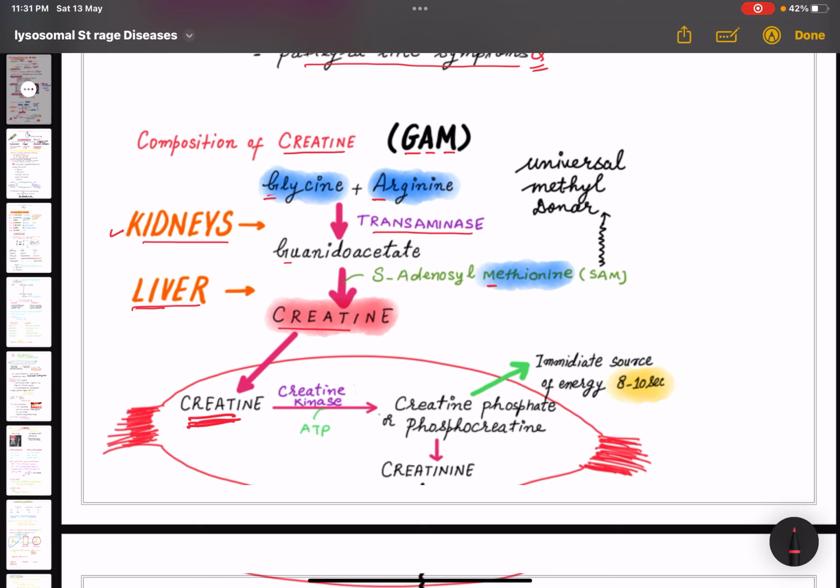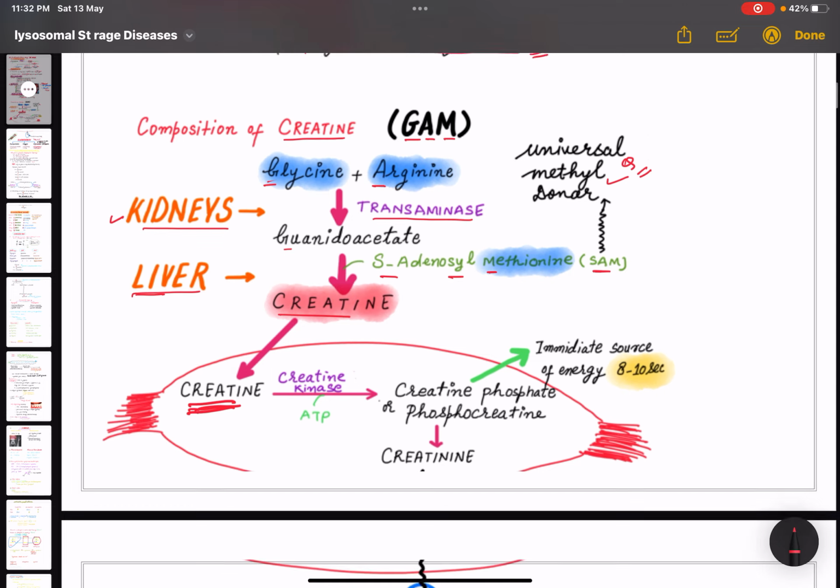A group is added to guanidoacetate, known as SAM, S-adenosyl methionine. This S-adenosyl methionine is the universal methyl donor, which gives a methyl group to the guanidoacetate, and there is formation of creatine.